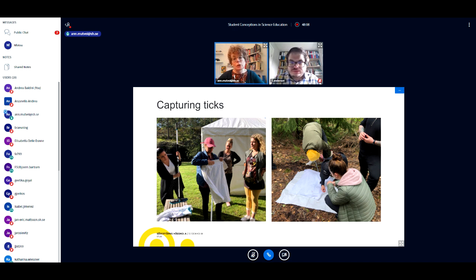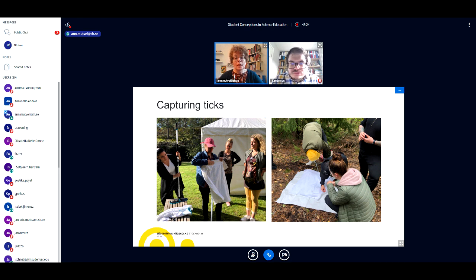And we have research groups in our department where they are investigating in what environment ticks like to be and how we can avoid being infected by tick-borne diseases.